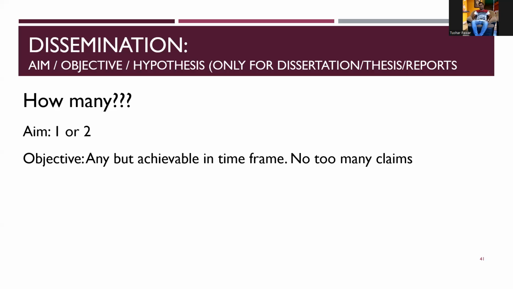So do not claim too much. For aim, I said, do not be too ambitious. Don't have a very broad aim. It has to be achievable, whereas objectives also should be set in such a way that they are achievable in the time frame.